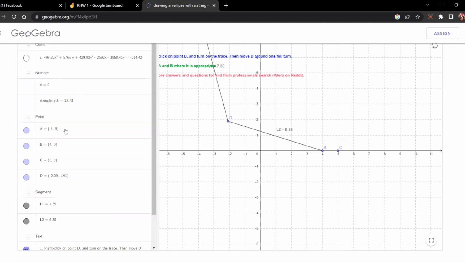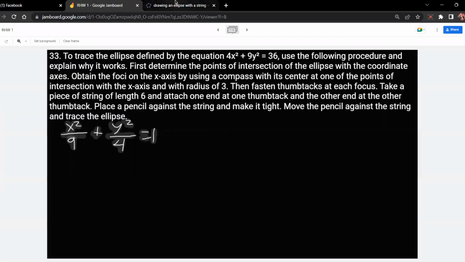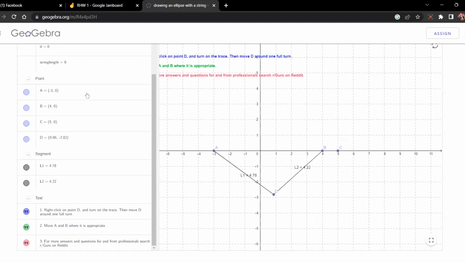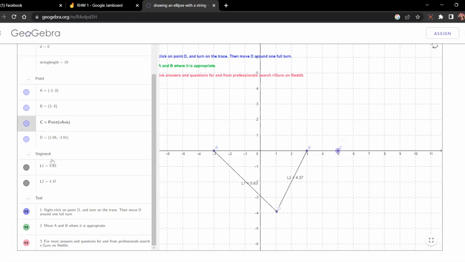Sige, gawin natin. X square, so 33. Tapos x square over 9 plus y square over 4 is equal to 1. So, ang A ay 3, B is 2, C is square root of 9 minus 4, square root of 5.